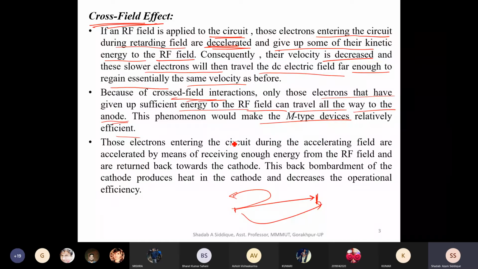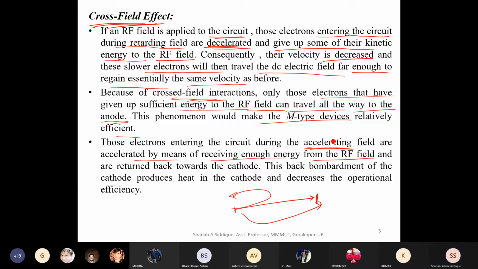Now consider those electrons entering the circuit during the accelerating field. Entering with the retarding field means the electron is decelerated, but when we have an accelerating field, the electron gains energy.